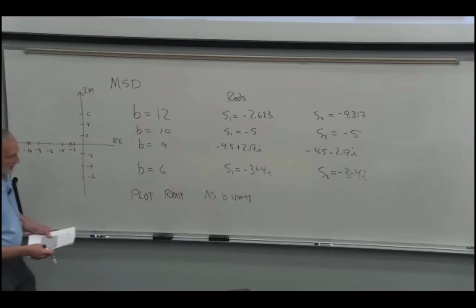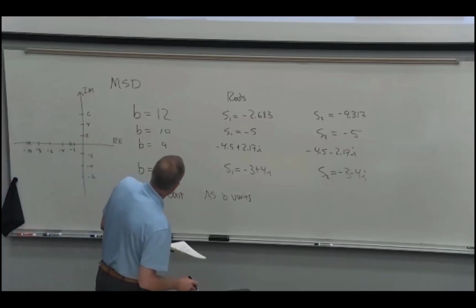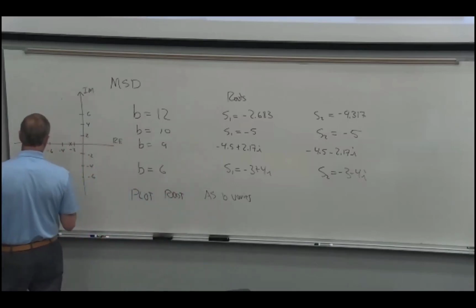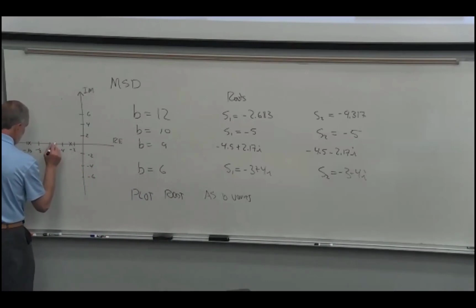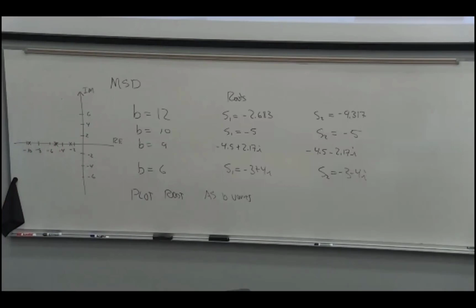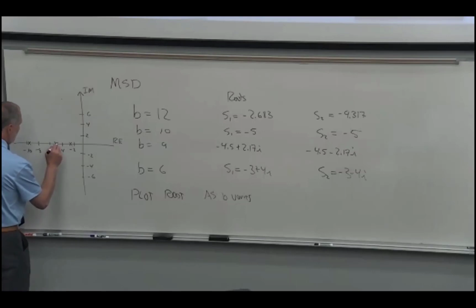Okay, how about B equal 10? Got minus 5 and minus 5. So there's 2 of them right on top of each other here. And then 9 is minus 4.5 plus or minus 2.17. So then we're up here, and we're down here.